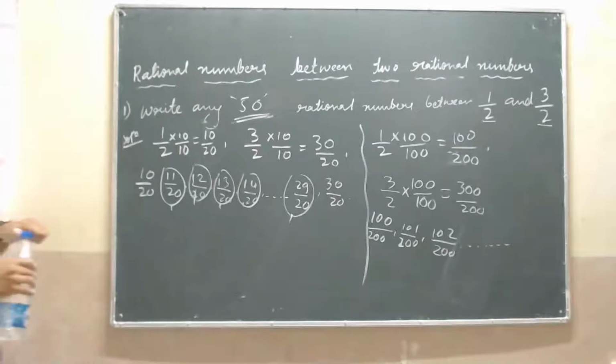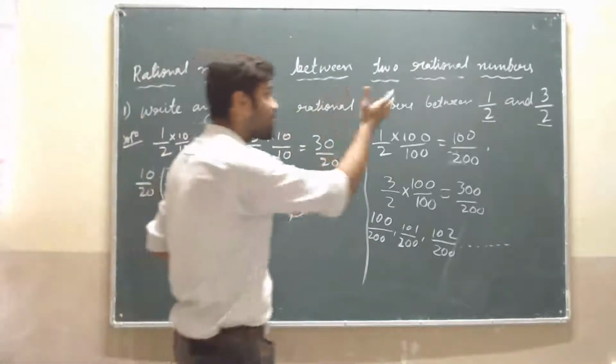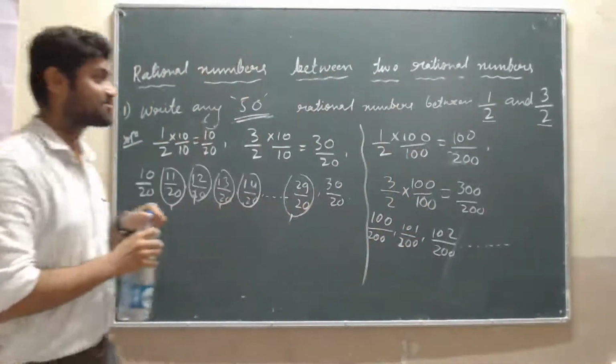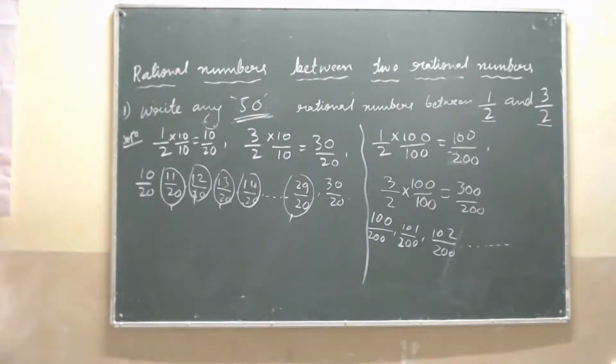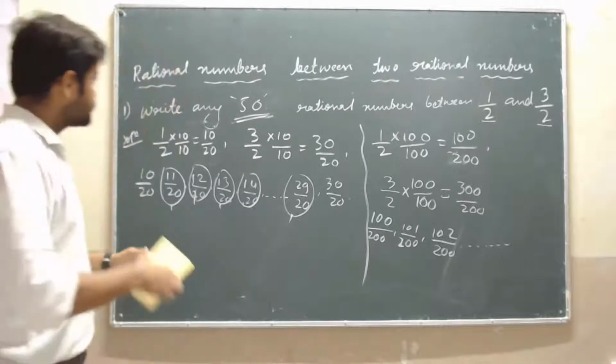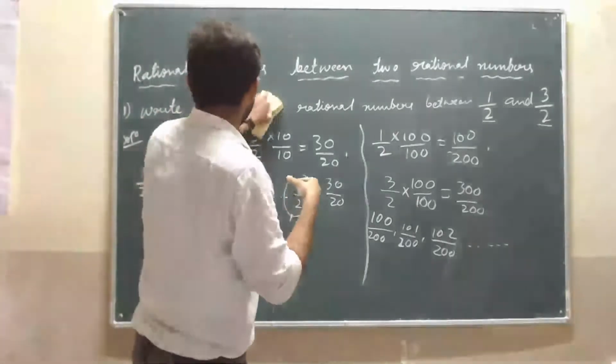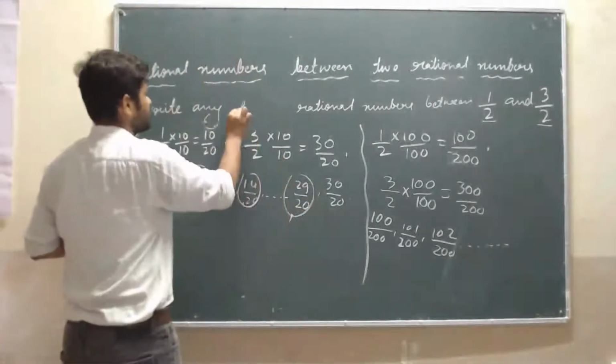How to solve if the denominators are different? So I will explain one more example. Write any 5. I will take only 5.